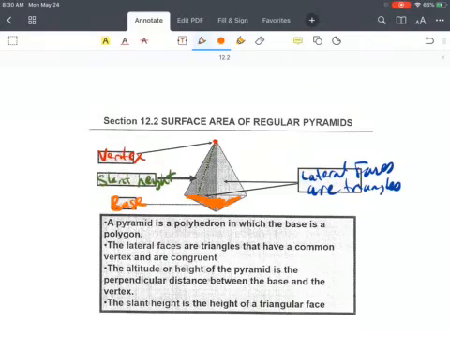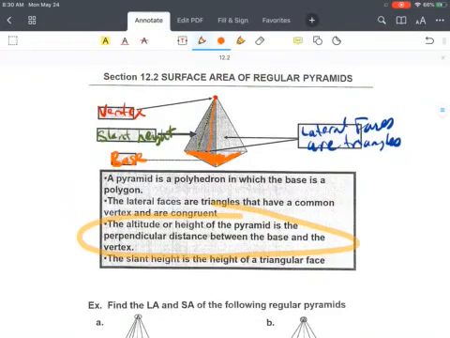So the altitude or the height, what I was mentioning, is from the vertex straight down to the center. So we'd go somewhere in the middle there, down to the middle of the triangle, and that's inside that pyramid.